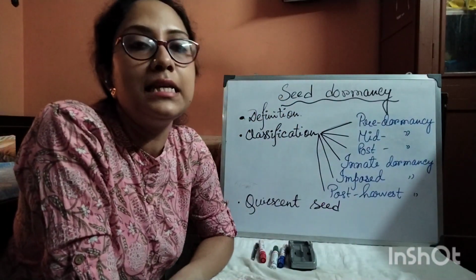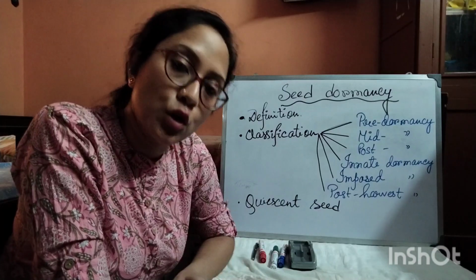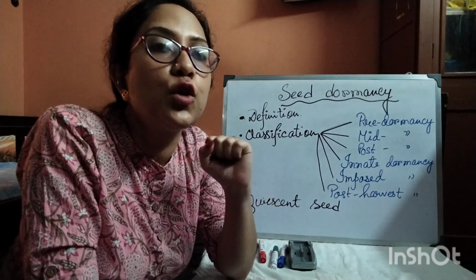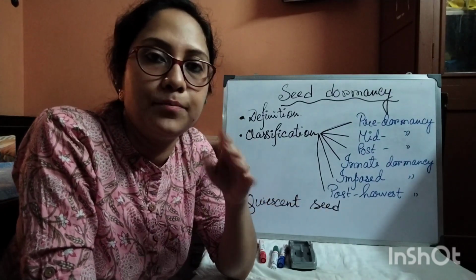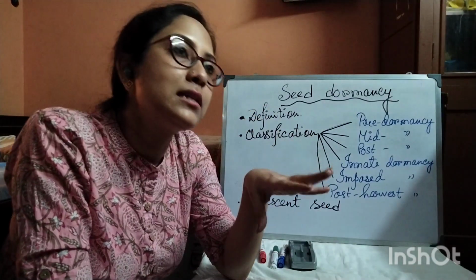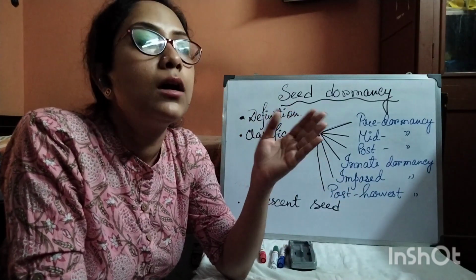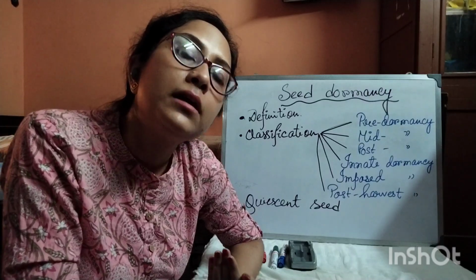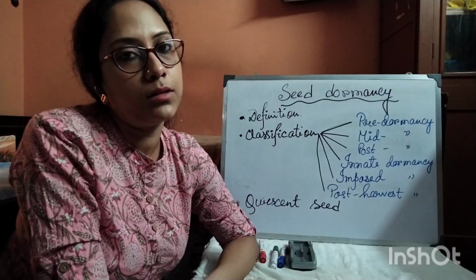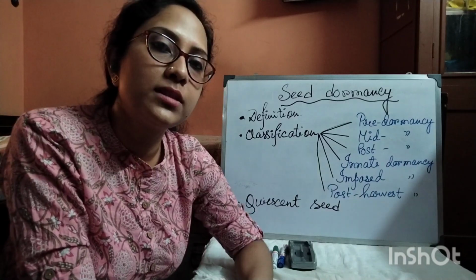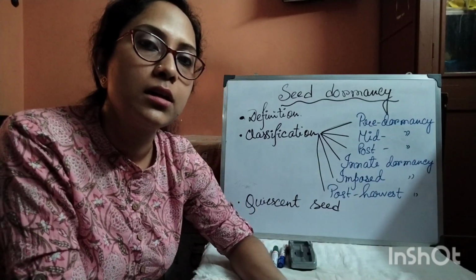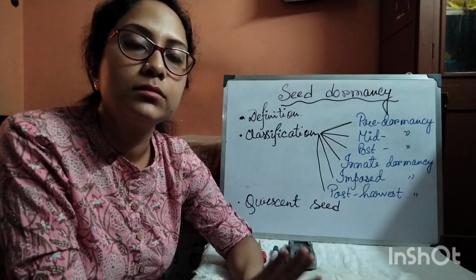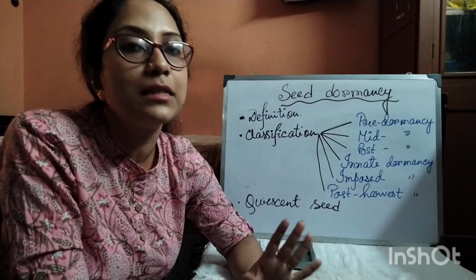And the last one is post harvest dormancy. In case of monocotyledon plants like rice, barley, paddy, we know that the seeds we collect are stored in cold storage, and in that situation the seeds will remain in a dormant state.